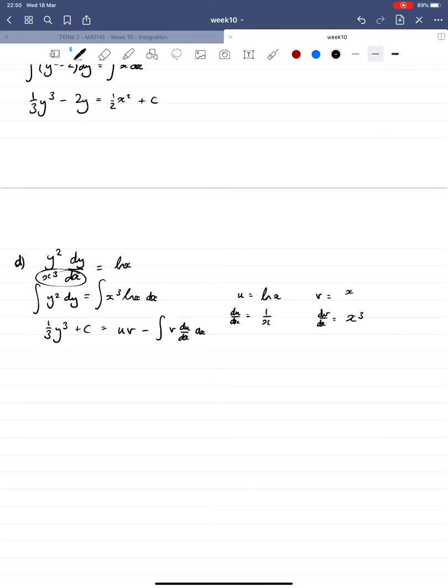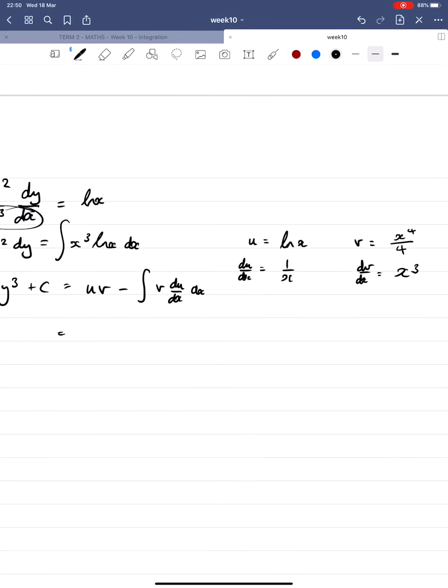So if I integrate, I get x to the 4 on 4. So putting those in, I get a quarter x to the 4 ln x minus the integral of x to the 4 du by dx, 1 on x dx.